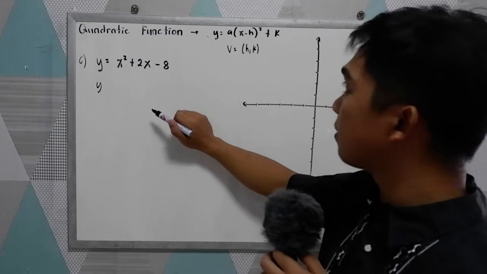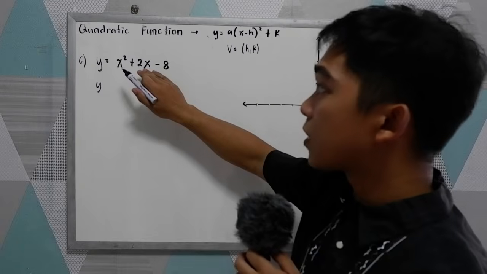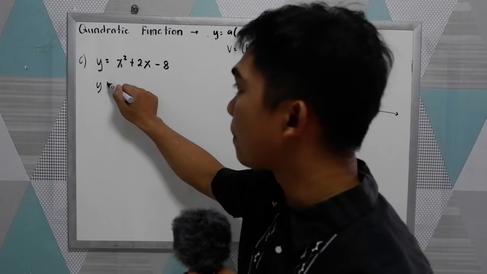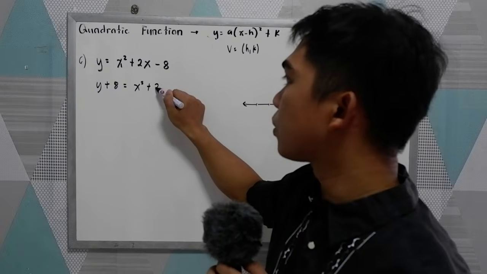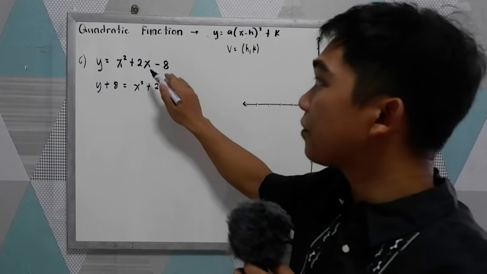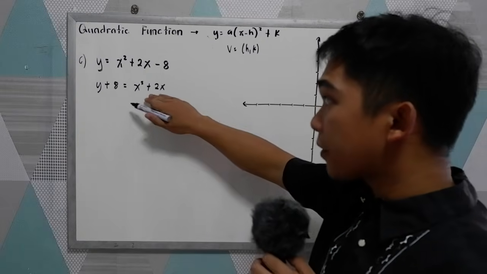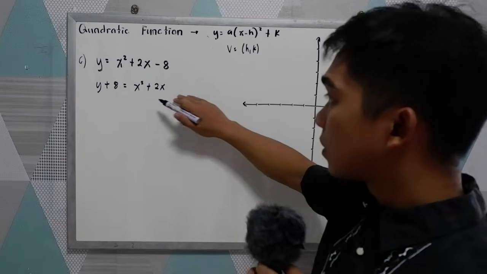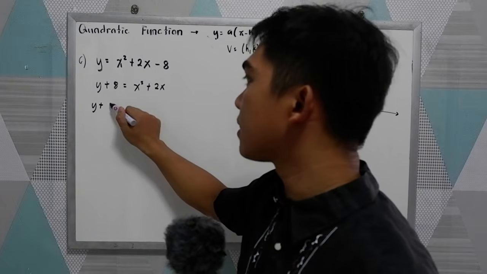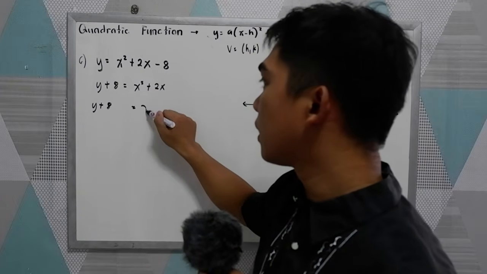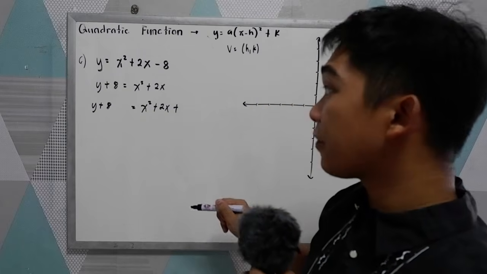Let us isolate x squared plus 2x, so it will become y plus 8 is equal to x squared plus 2x. Move negative 8 to the left, and next step, make it a perfect square trinomial.